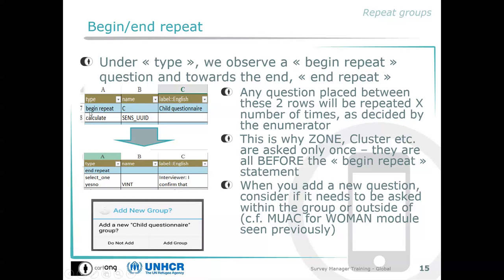So begin repeat C basically means this is where the questions that are repeated for each and every child in the same household are starting. And this group is then closed by an end repeat. And once the end repeat is closed, then you are back to the general part, the household part of the questionnaire.